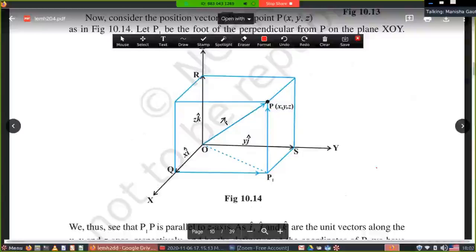If I want to write down P in the vector form, I will write xi plus yj plus zk. How can you get this?